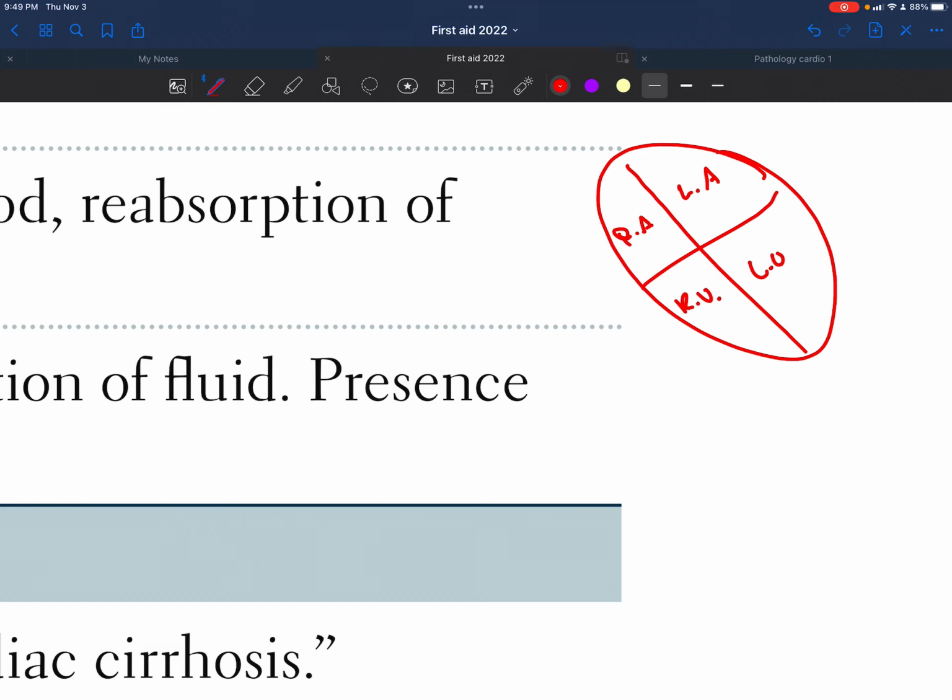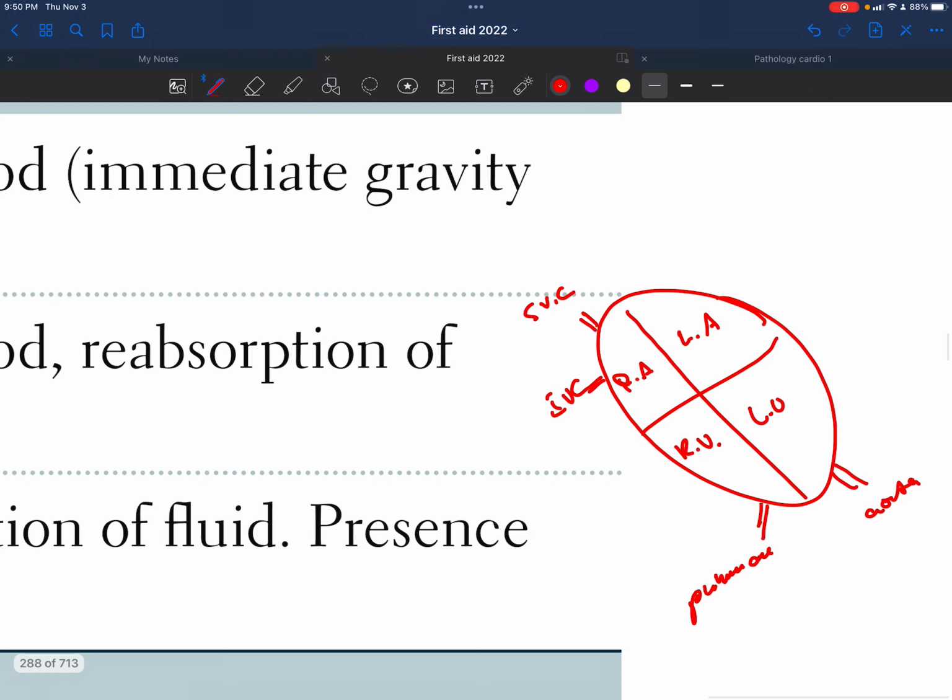From the left ventricle goes out the aorta, and from the right ventricle goes out the pulmonary artery, and into the right atrium come the superior vena cava and inferior vena cava, bringing the blood from the systemic circulation from all parts of the body, and then the left atrium gets its veins from the lungs, bringing oxygenated blood into the left atrium.